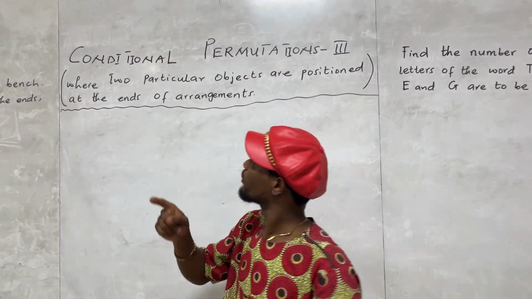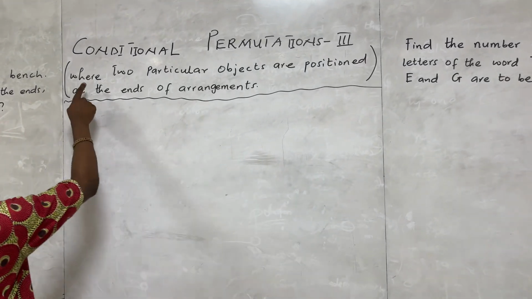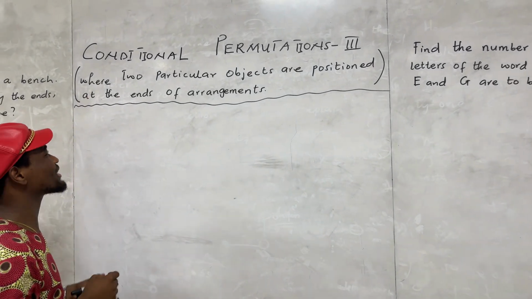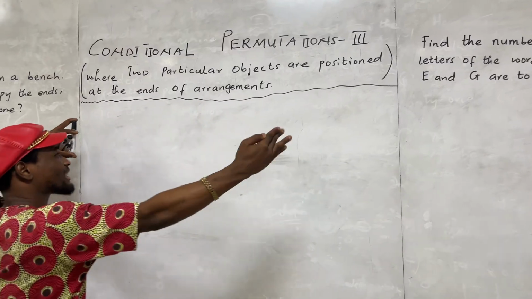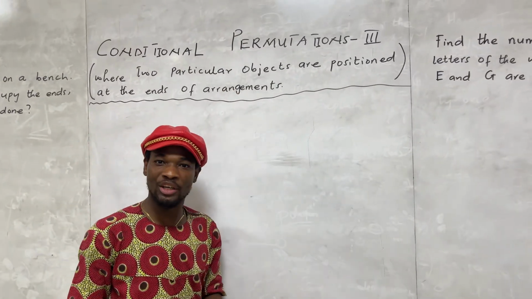But this type 3 will have to do with where two particular objects are positioned at the ends of arrangements.